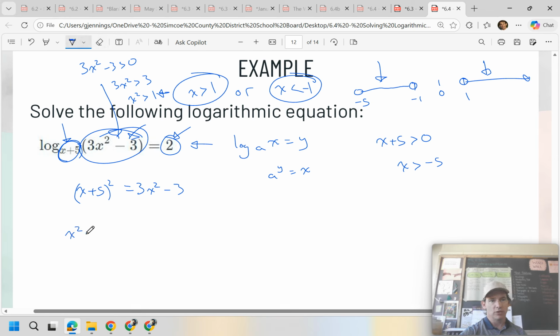So we have x squared plus 10x plus 25 equals 3x squared minus 3. Oops. You send everything to one side. 0 equals 2x squared minus 10x minus 28. What's next, everyone? 0 equals x squared minus 5x minus 14.